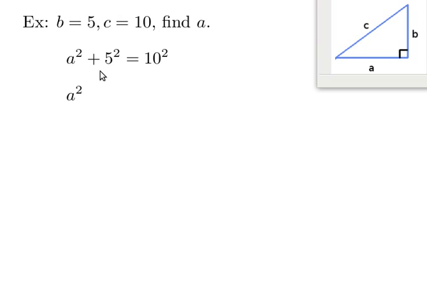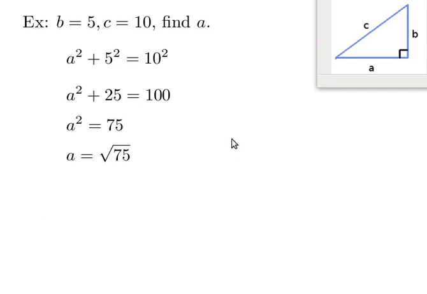Okay, a squared is still unknown, plus 25 equals 100. So let's subtract 25 from both sides. We'll get that a squared equals 75, or that a equals the square root of 75.